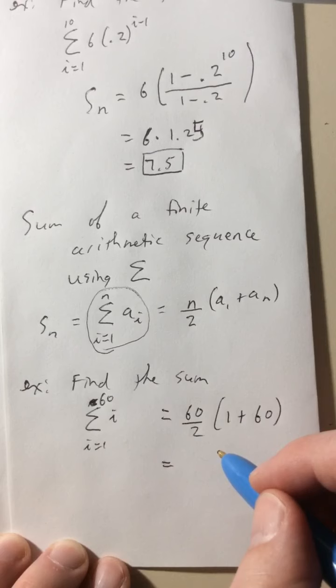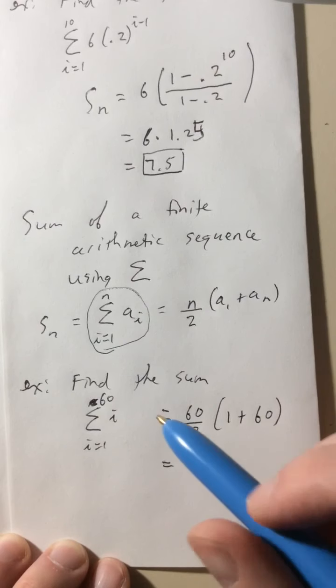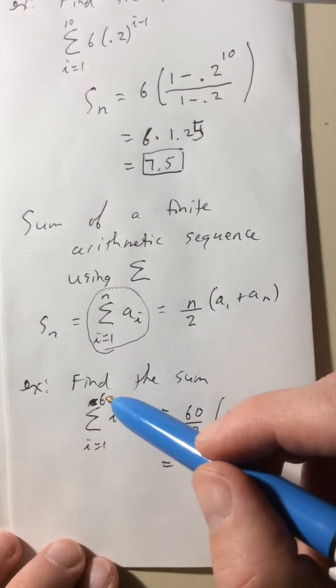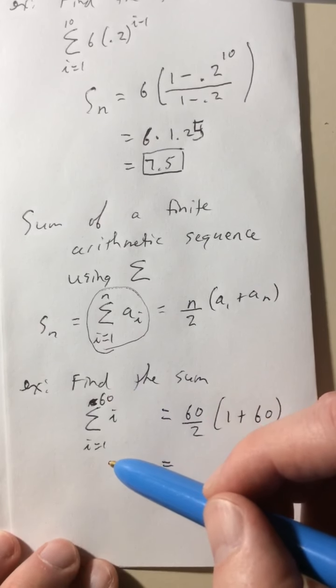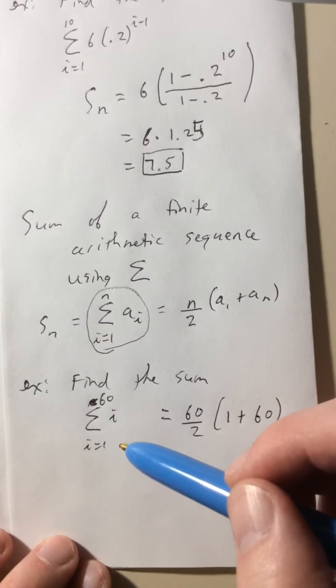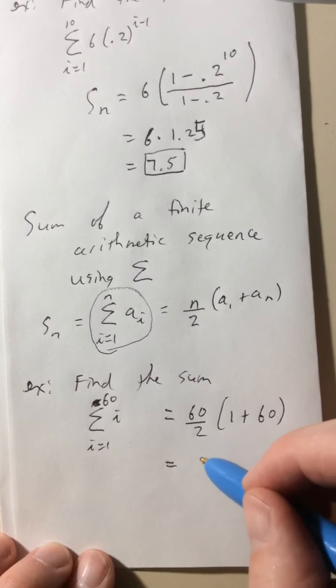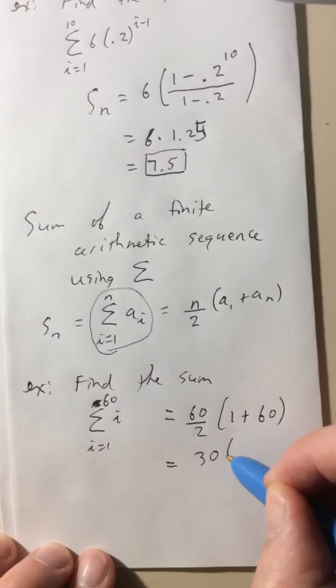And something I need to make you aware of. So when it says 1 to 60, so we got 30 times 61.